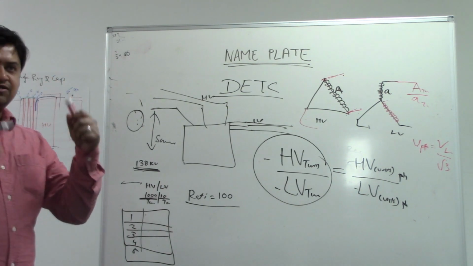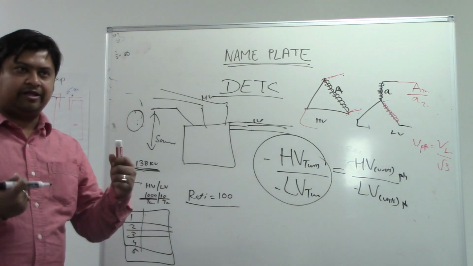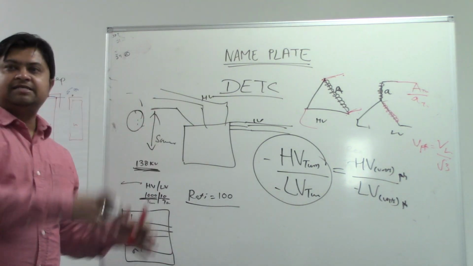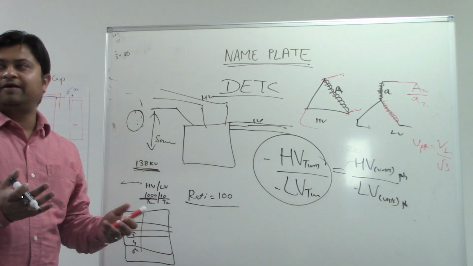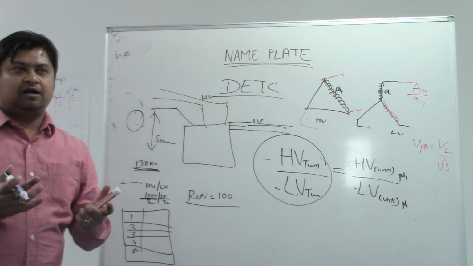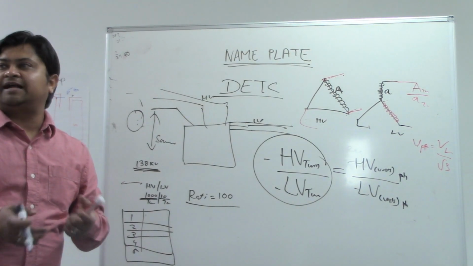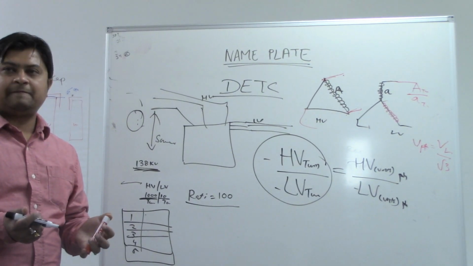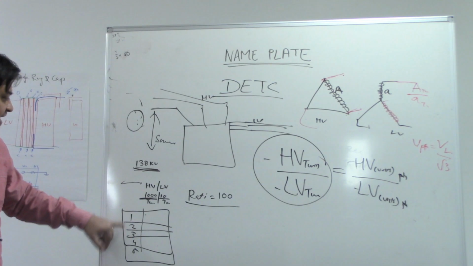If you wind a coil, it's a constant, right? Now once it goes inside the tank, what do you have? You have only the bushings out. Can you physically go inside and change the number of turns? No, right? Then how can we vary the voltage?